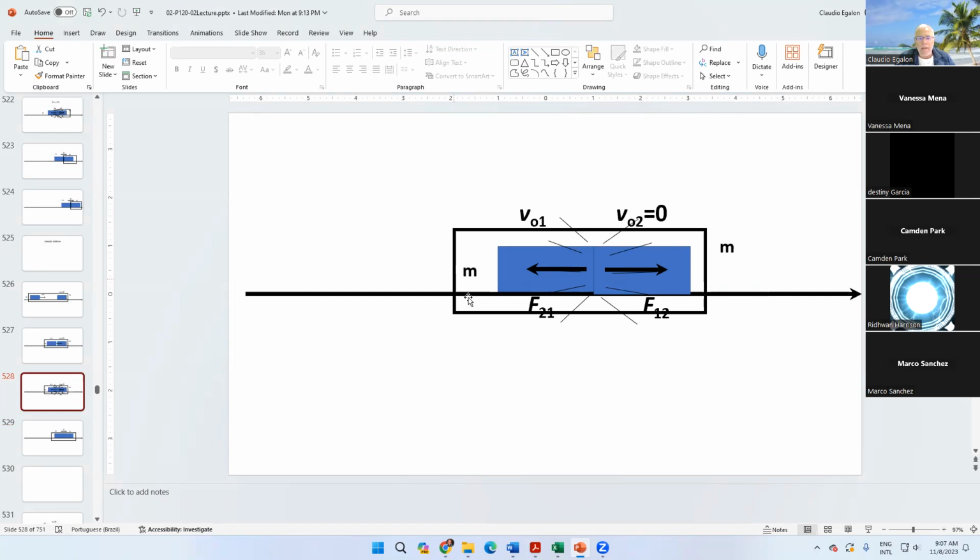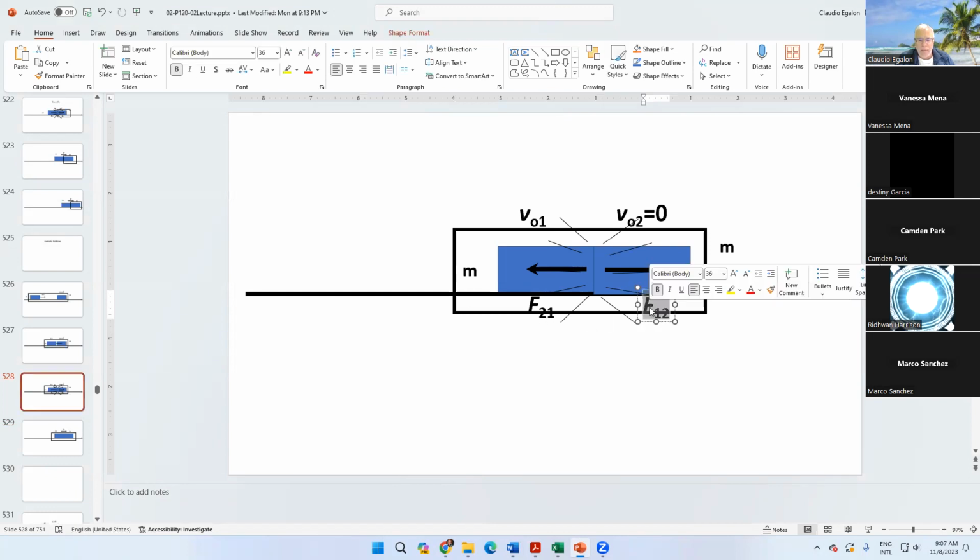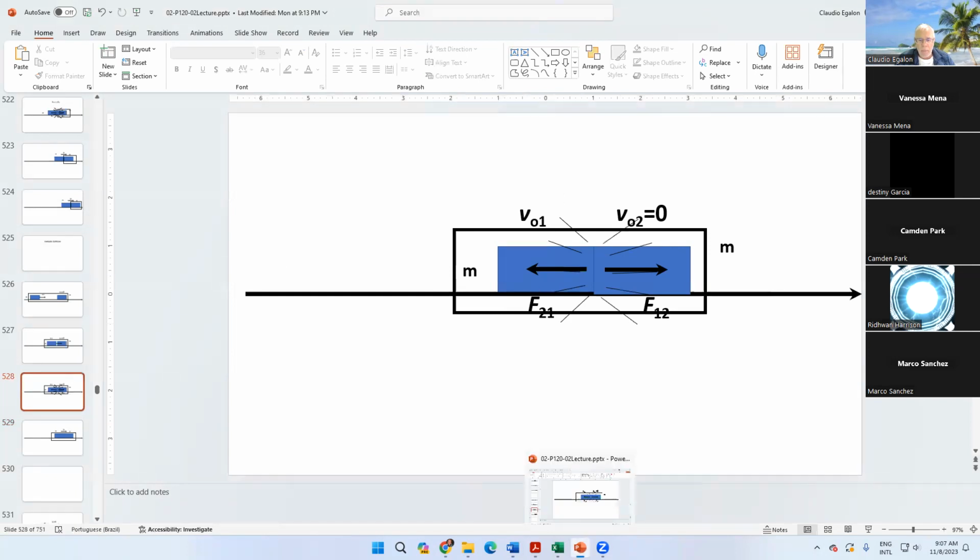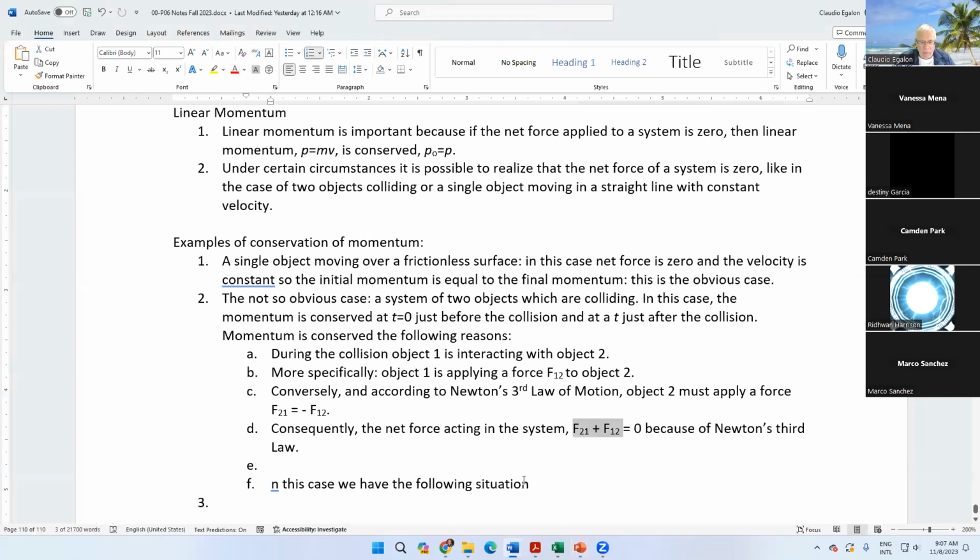Now, the net force in the system is going to be F12 plus F21. But according to Newton's third law, F21 is minus F12.